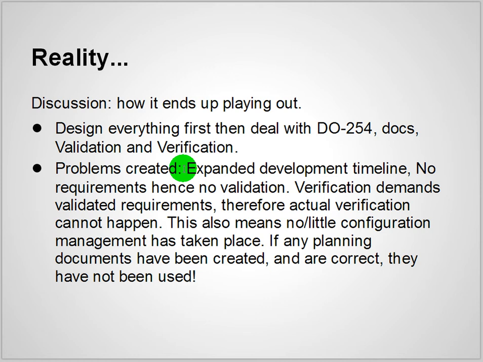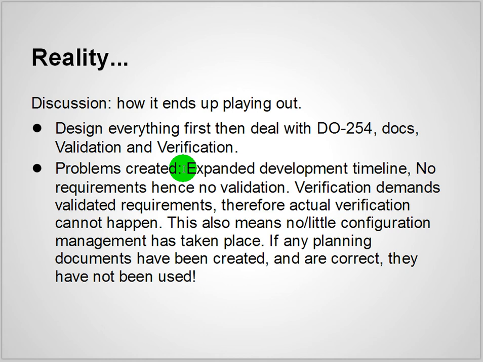So since there's no requirements, there can be no validation. There obviously can be no verification. And this obviously means that there's probably no configuration management happening either. The configuration management that could happen by that point is all of the design data would be entered into configuration management.